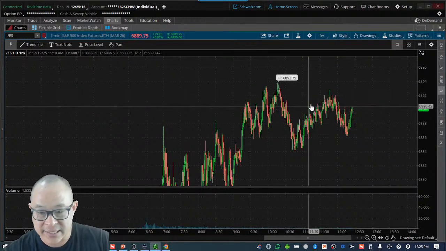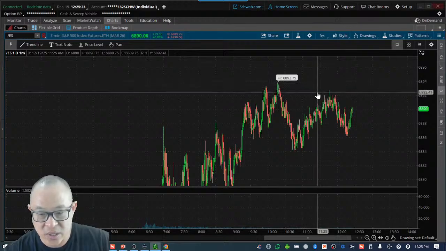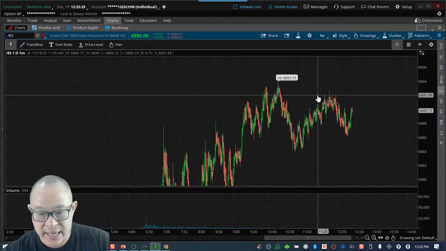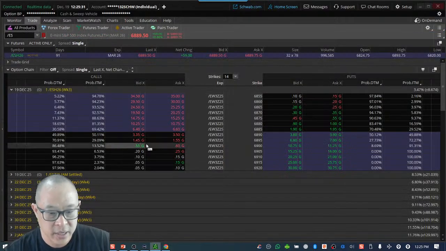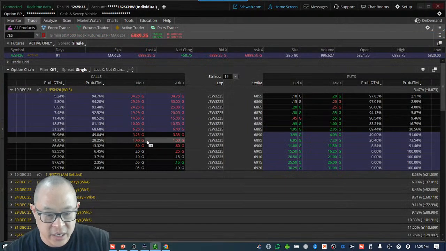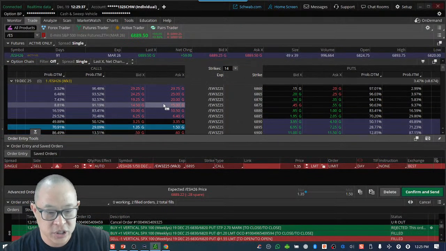So I'll sell maybe the 6890. That's a little close. Maybe 6895. Let's see how much that's going for. 6895 is right here. If I sell this for $1.40, right here, let's just do this. Check this out.